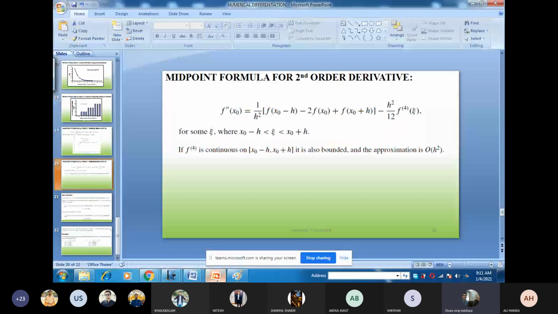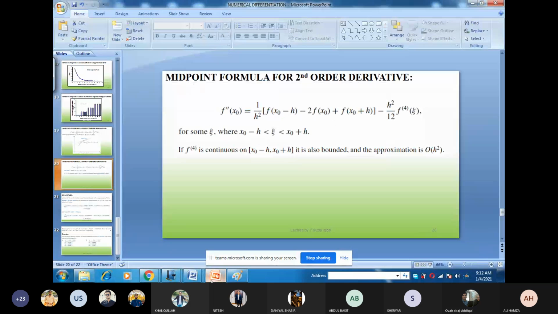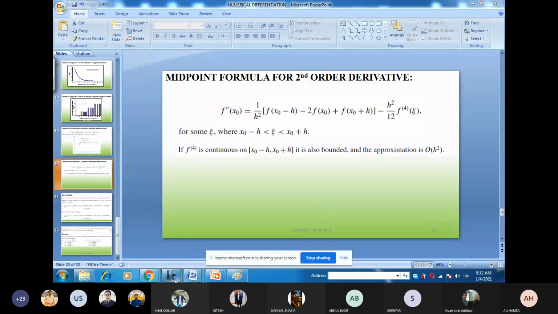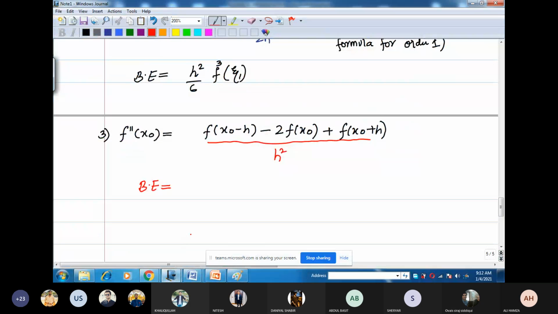Whole thing divided by h square, and the error bound: the bounding error is actually equal to h square by 12 times the fourth order derivative. This is the error bound.